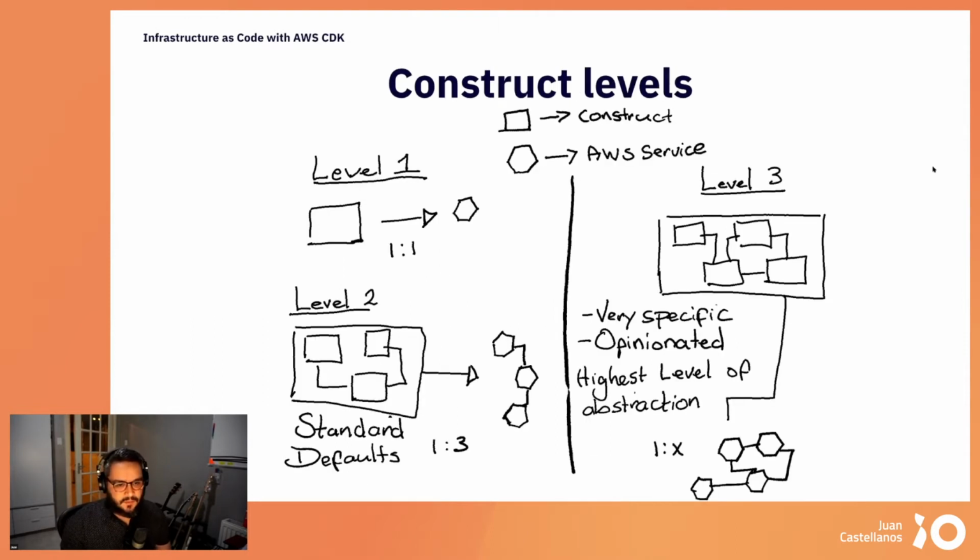So we have level 1, which is the lowest level, when a construct represents a one-to-one with a resource on AWS. Level 2 can be maybe a combination of related constructs that have a lot of standard defaults, and you deploy it as one. And level 3 can even be more opinionated, and it's very specific, and it's the highest level of abstraction.